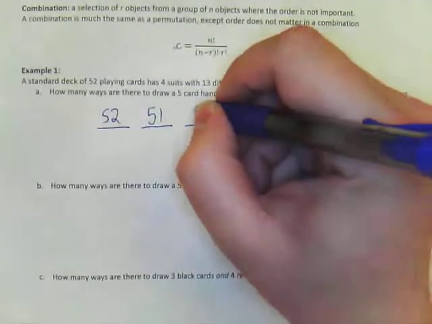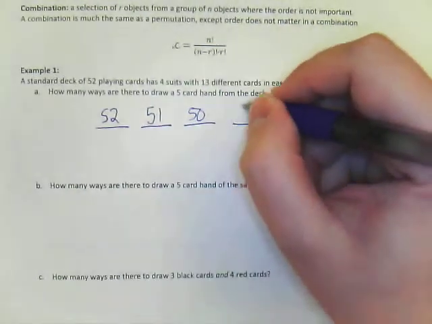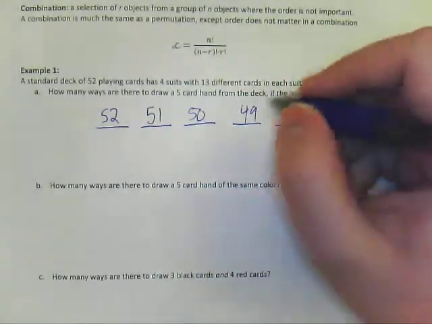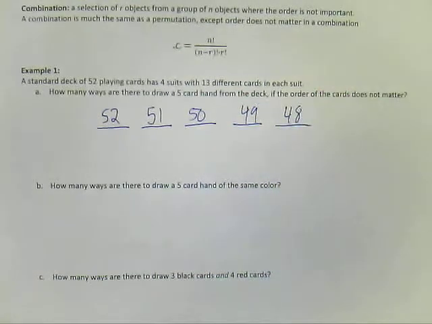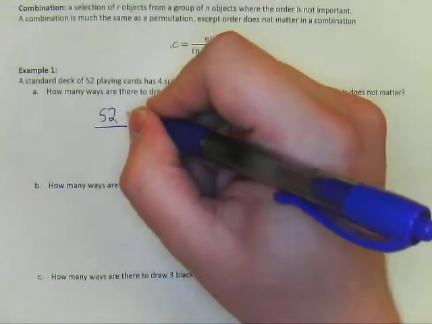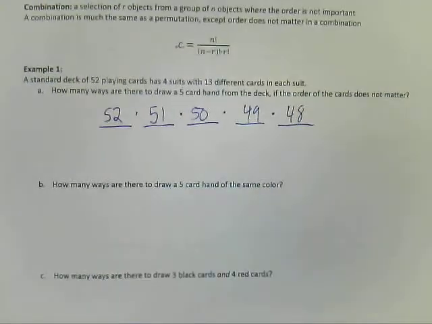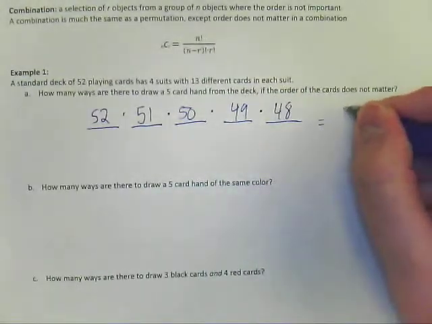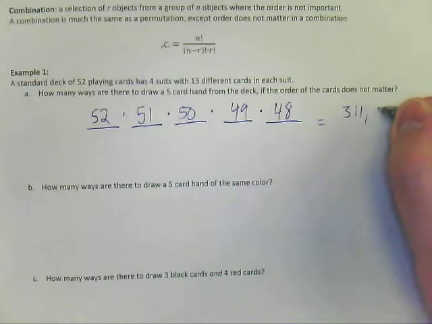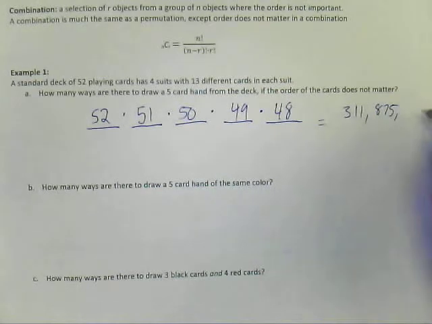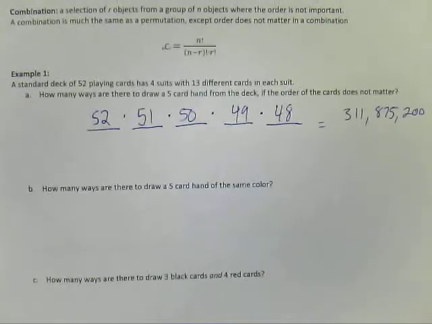And once I pick 2 of them, there's only 50 left for the third card, 49 left for the fourth card, and 48 left for the fifth card. And then I can count this up just by multiplying all of these together. And if you do that, you're going to get exactly 311,875,200. Now, this is if the order of those cards matters.